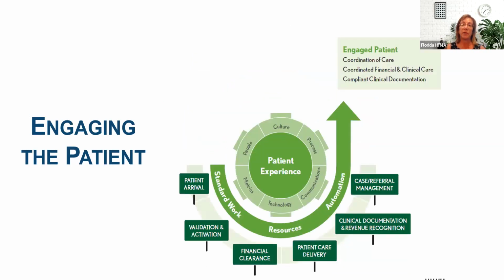So time of service. Ideally, the scheduled patient has been pre-registered and can go directly to the service unit versus waiting in a main registration area. Consents are signed, and if not collected pre-service, agreed upon payments are made. Positive patient identification is completed, and the patient is given an armband.